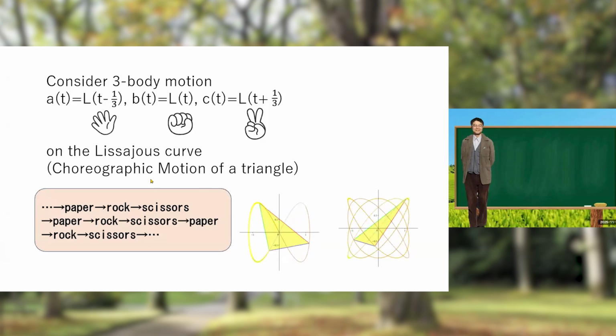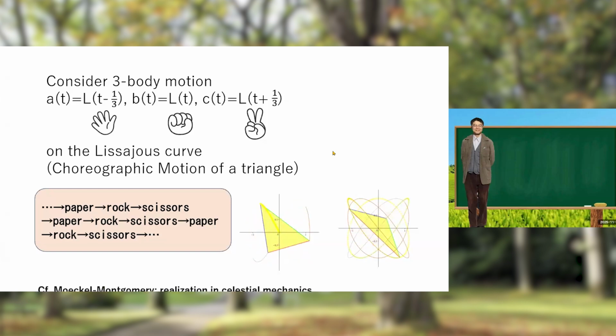And we often consider the triangle along this line, where the three vertices are connected by lines. Then we regard this three-body motion as a so-called choreographic motion of a triangle on the Lissajous curve.